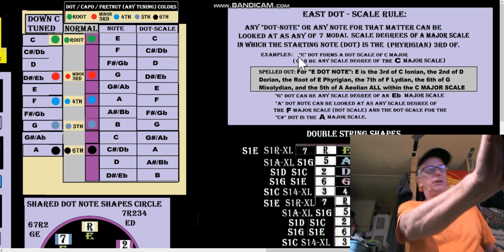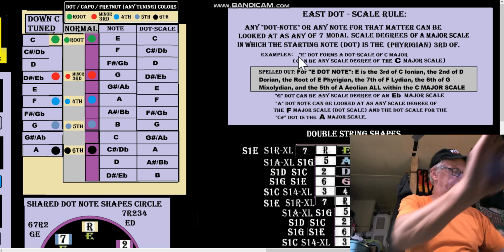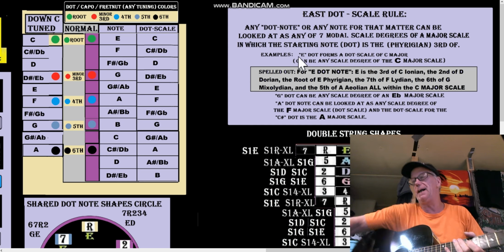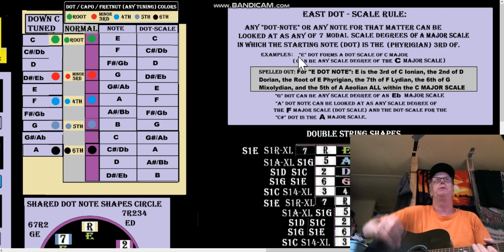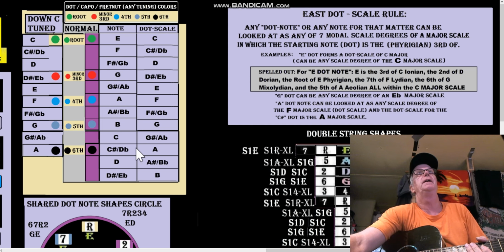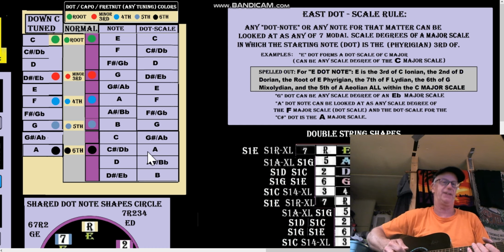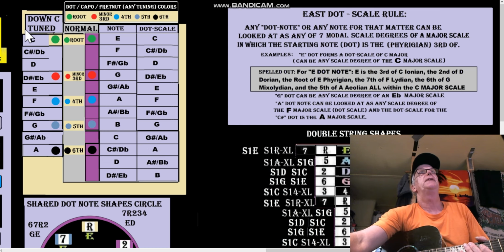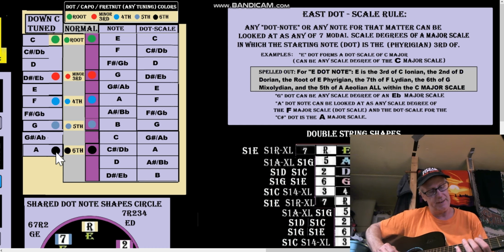Okay, I know people want to hold me to a note. If I play that A dot here, which would be the C sharp dot. Here's the A dot. It's the C sharp dot in your tuning, but I don't have a dot there. So we're looking at down C tune because we're using Andy's guitar. So it'd be where the A dot is. So it would be the 6th dot.